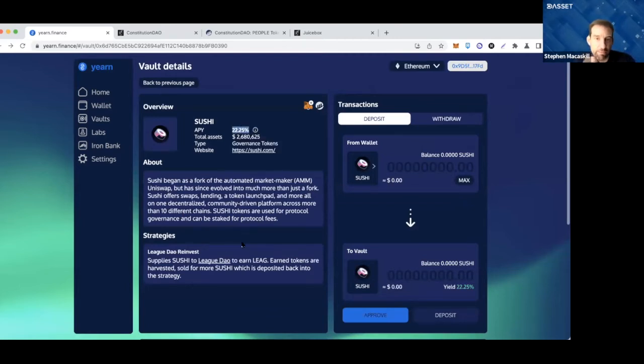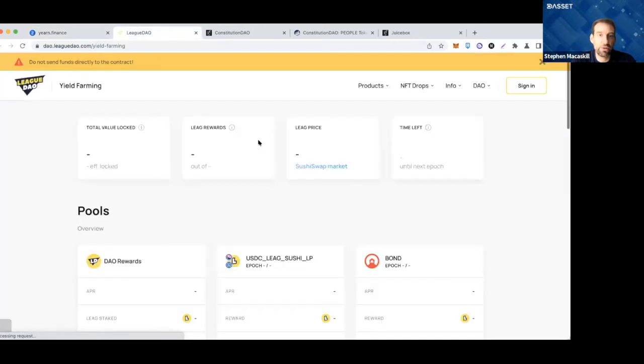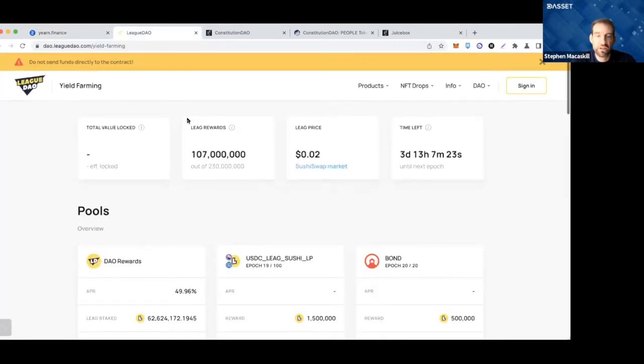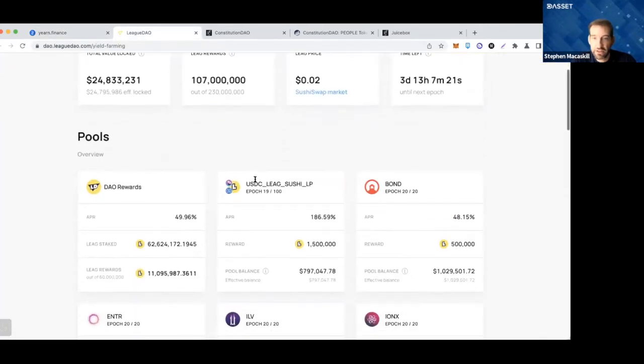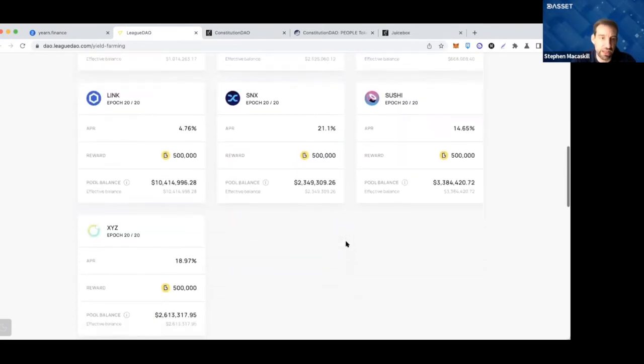So they might be putting it into a couple of different liquidity pools. Like they could be earning League and then using another, for example, Sushi League liquidity pool to earn additional yield. So they could be utilizing a couple of different liquidity pools to get that return.